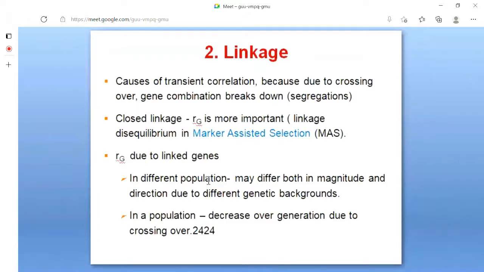Your company may influence you. That is something that happens physiologically in the body also. If a character is performing superior, it may influence other nearby characters to perform better. That is what we call the effect of heterozygosity. So this may also be one cause for the genetic correlation. Remember these three causes.